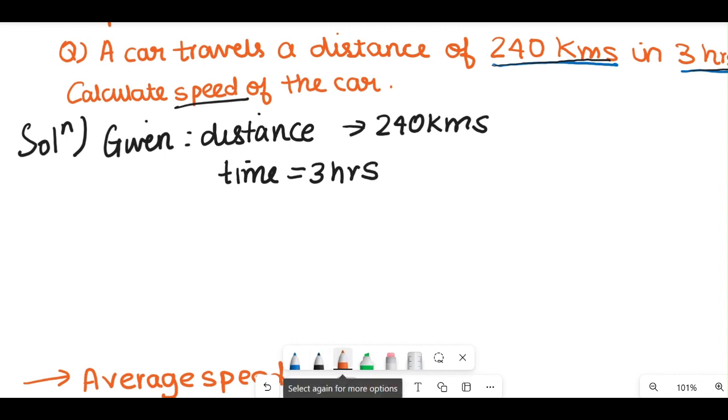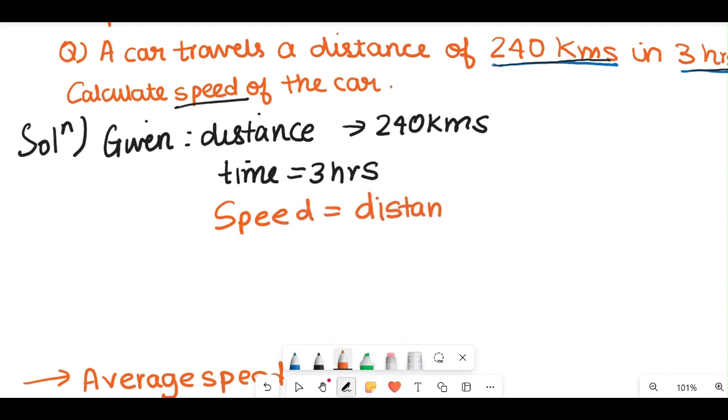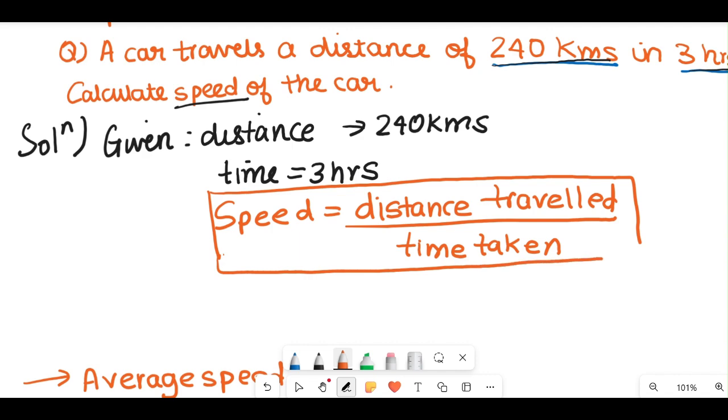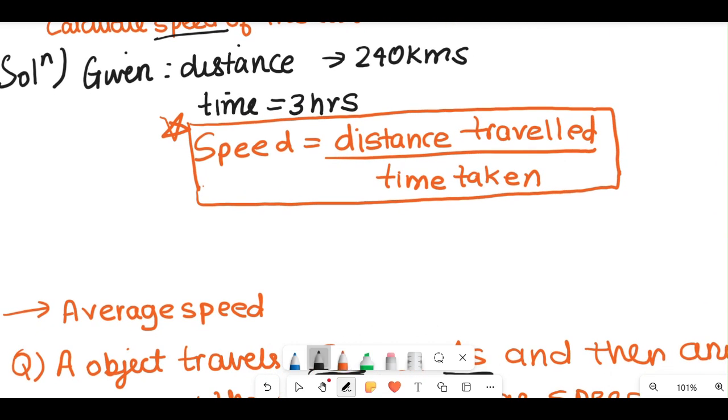Your formula here is speed is equal to distance traveled upon the time taken. I'm enclosing this in a box so that you understand which formula we have used.